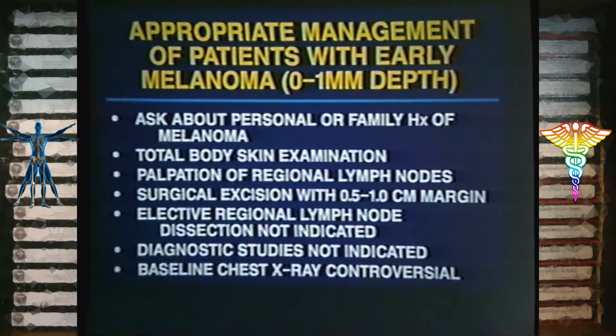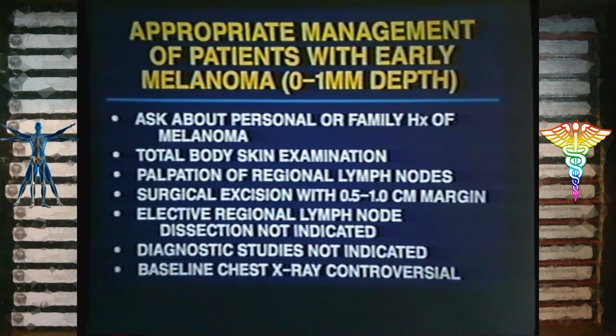So if the diagnosis is clear melanoma, and it's 1 millimeter or less in depth, then the treatment of choice would be 1 centimeter margin excision. If you have a 2 millimeter depth, you get 2 centimeter border. If you have a 3 millimeter depth and you can get around it, you do a 3 centimeter border, and after that you quit.